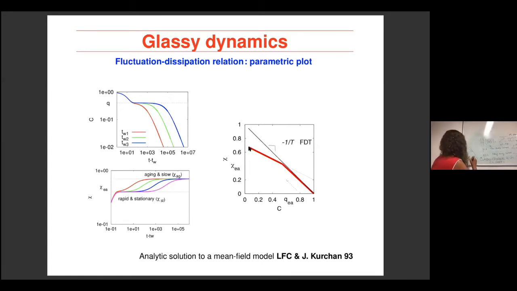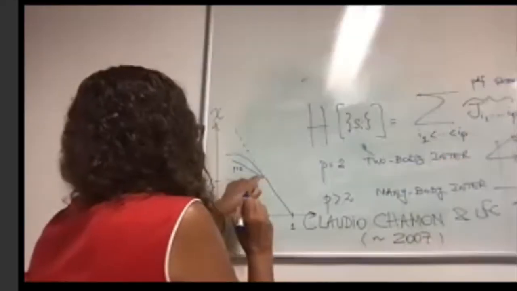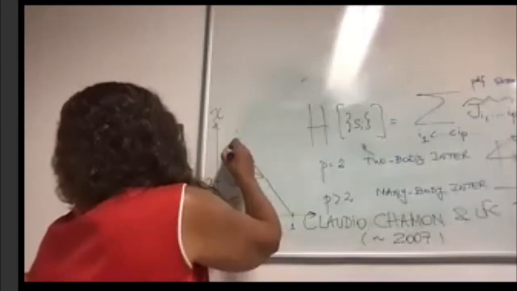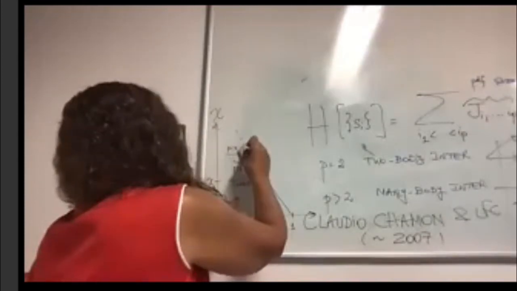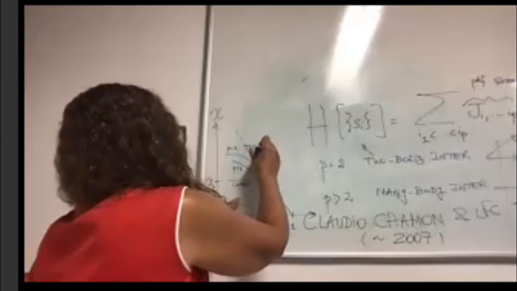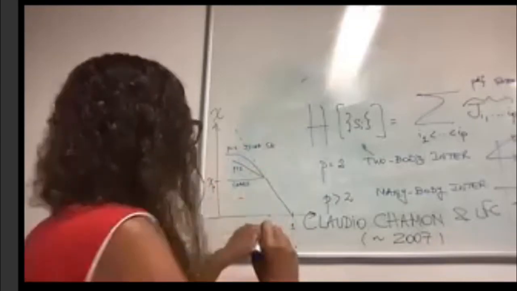And this flat thing is the case of coarsening. This straight line is the case of p larger than 2. And this curved thing is the case of p equals 2 with Ising spins, so it's the Sherrington-Kirkpatrick model.